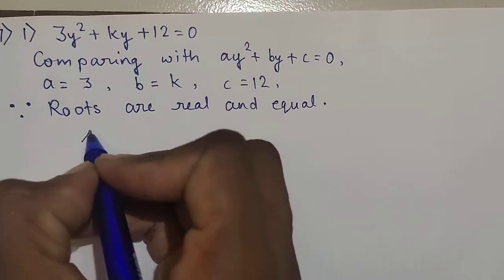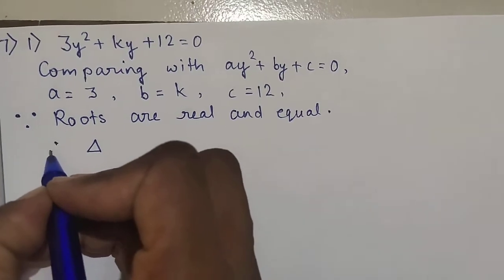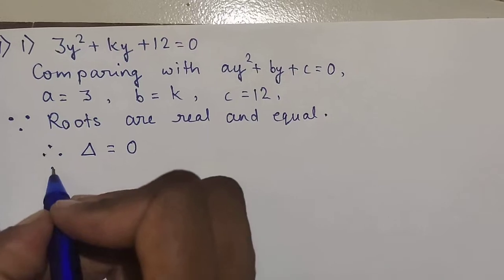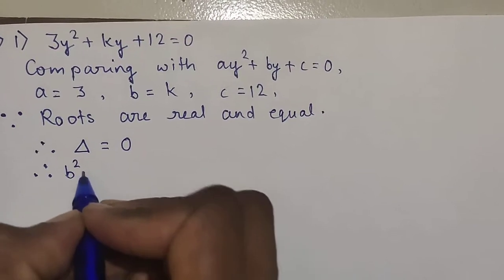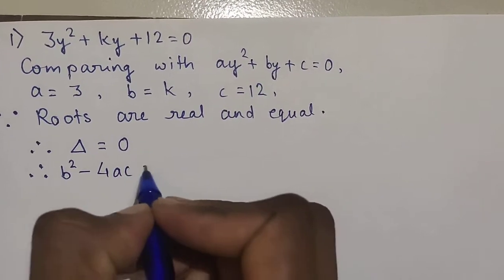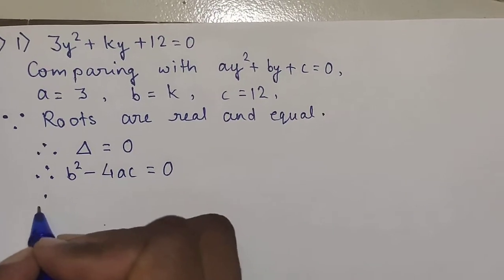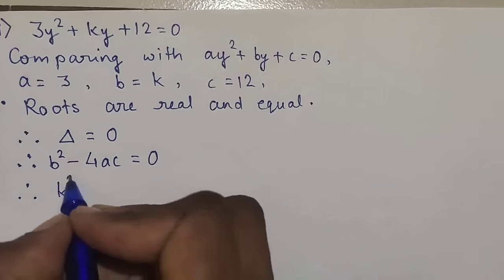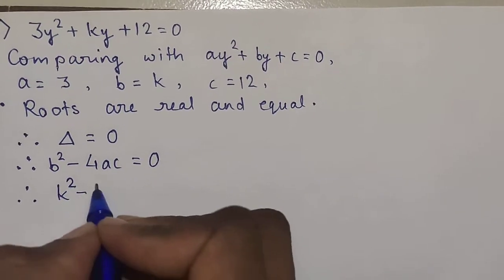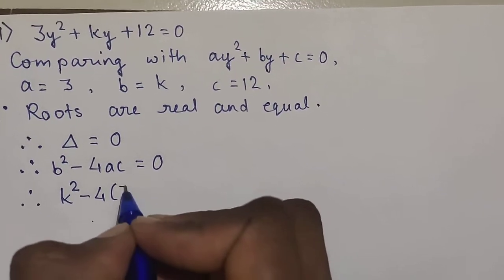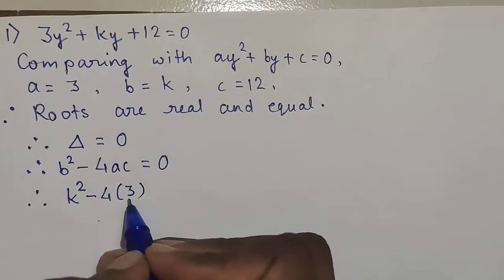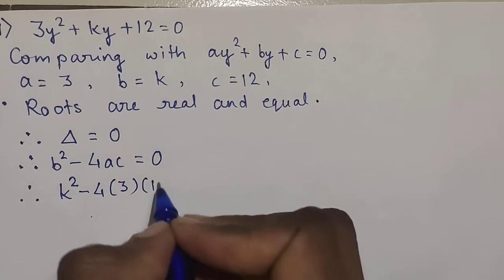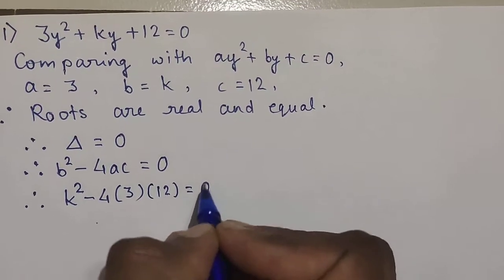And whenever roots are real and equal, in that case your delta value is 0. Now what is delta? b square minus 4ac. Now let us substitute the values. What is b? k. So this becomes k square minus 4. What is a? a value is 3. So put the value of a here. And what is c? 12. So write here 12 equals to 0.